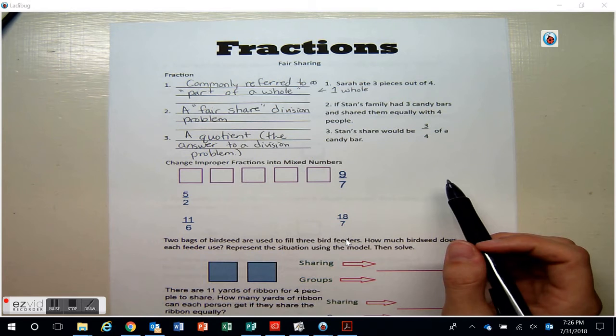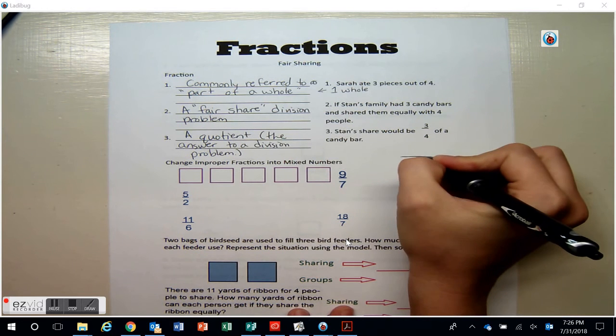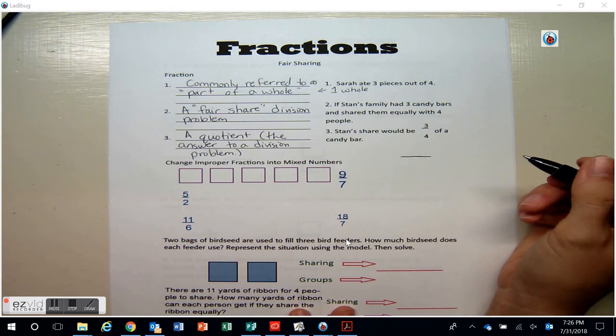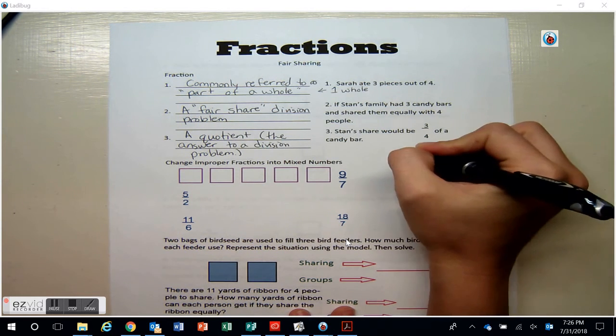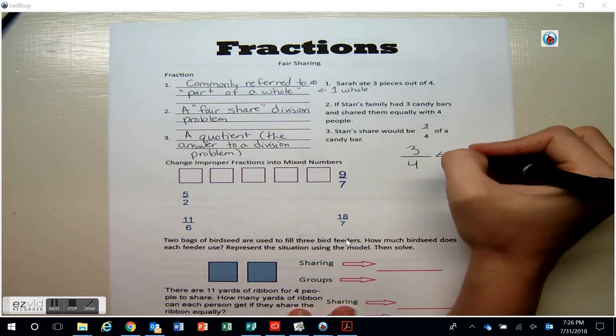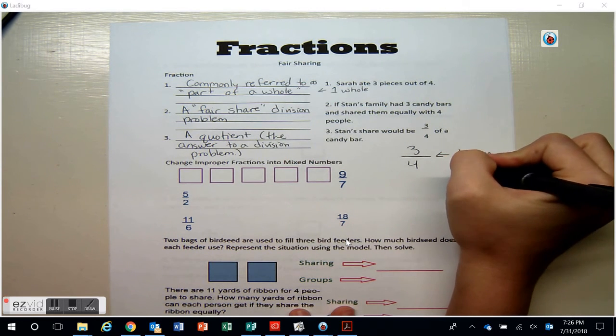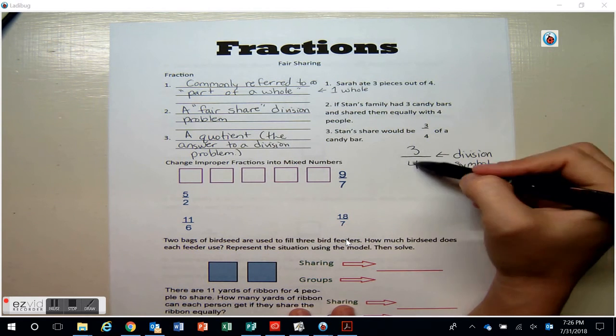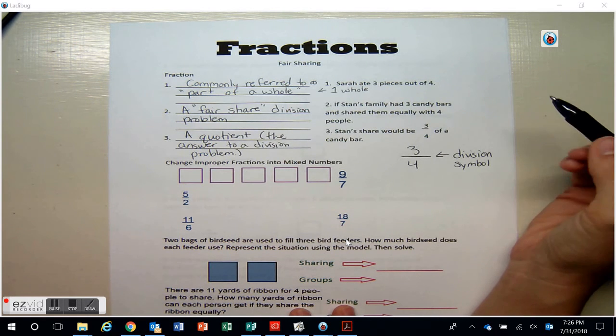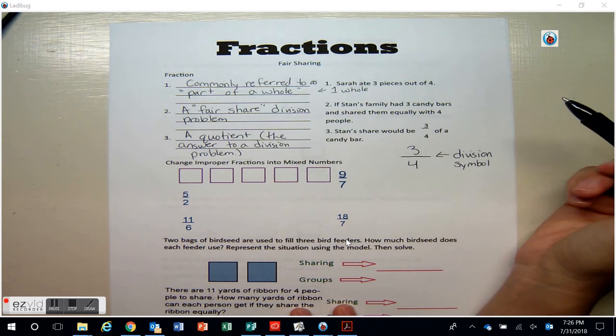If we go back to the last part, here 12/6, if I change that from an improper fraction, it gives me 2. 10/5, if I change that from an improper fraction, gives me 2. 8 halves gives me 4.